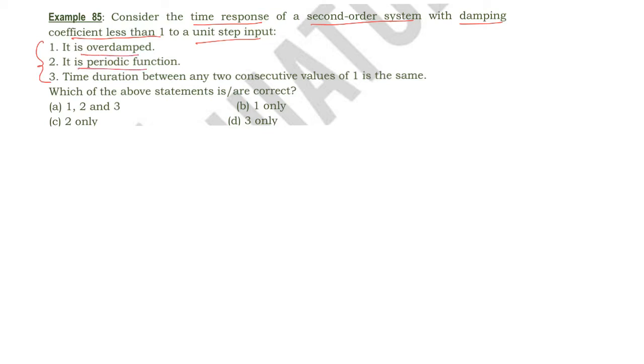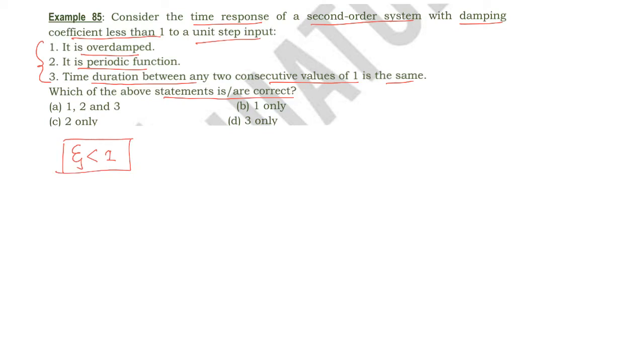Two, it is a periodic function. Three, the time duration between any two consecutive values of 1 is the same. Now we have to find out which of the above statements is or are correct. So what is the information that we have? The damping coefficient zeta is less than 1.